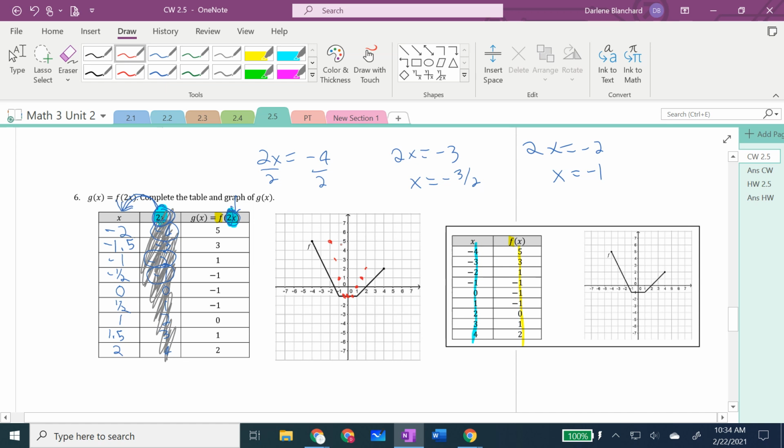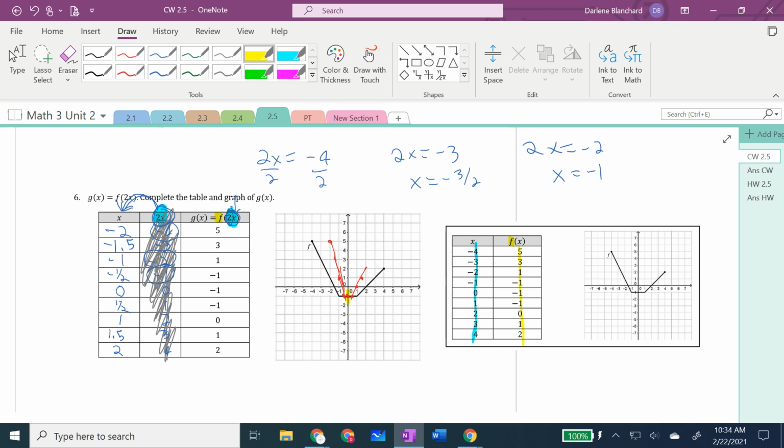And now let's connect those dots and see that what happened was the graph got horizontally squished or compressed into the y-axis. The only number that did not change was when x was 0.